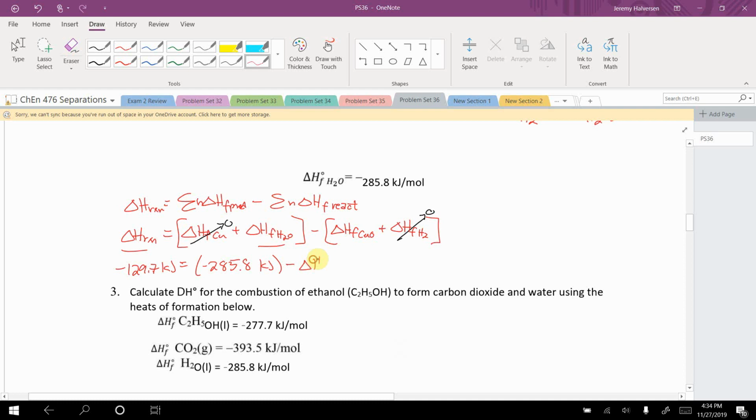And then subtract delta H of formation of CuO. And I get that the delta H of formation of CuO is equal to negative 155.8 kilojoules per mole of CuO.